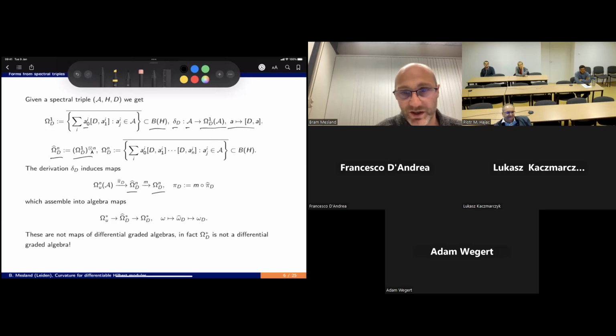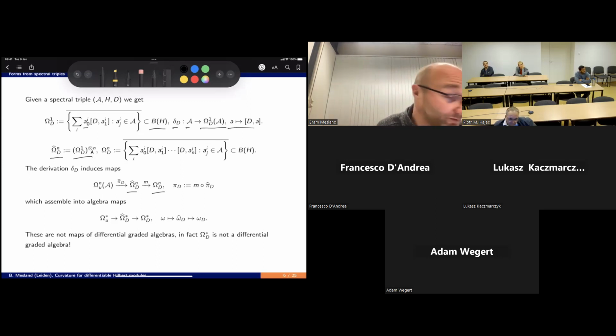This is just some notation: this pi d is m composed with pi d hat. And these assemble into algebra maps, so you can use the tensor product as an algebra product, and these universally defined maps are compatible with that. But they're not compatible with the differential graded algebra structure.